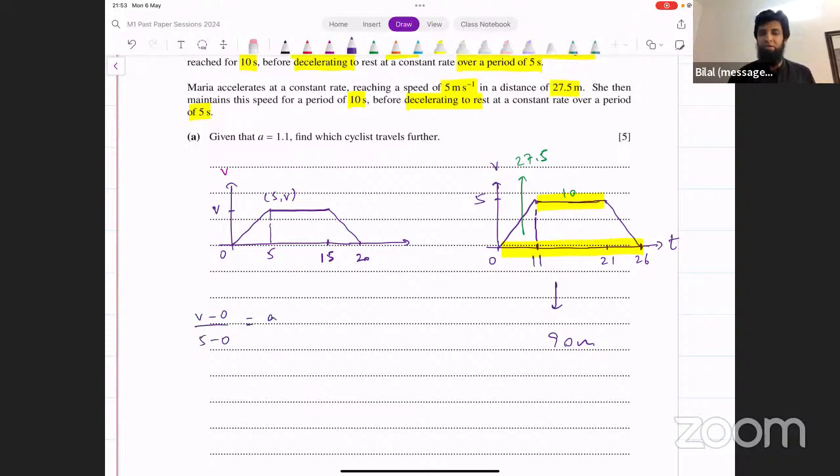That's the gradient of this first part. Make sense? And that gives you v equals 5 times a. You can use that equation as well. v equals u plus at, right? You'll get 5a for that. Make sense?